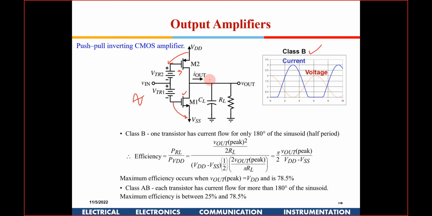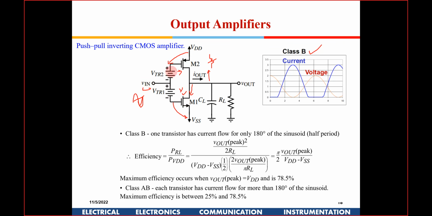When you look up, it will look like almost a high resistance. Similarly, when the signal is negative, this will be switched off, and when you look here, it will be high resistance. So this will be pushing current here, and similarly this will be pushing. So both these transistors are working, right? This is known as a class B operation, right?